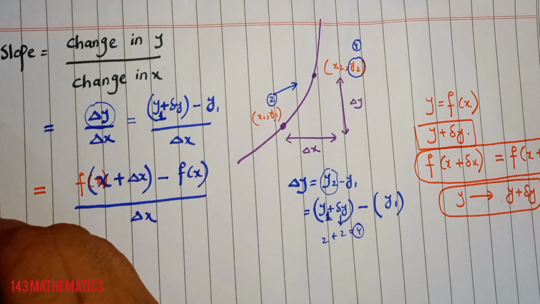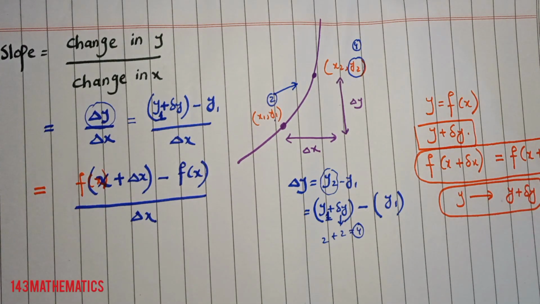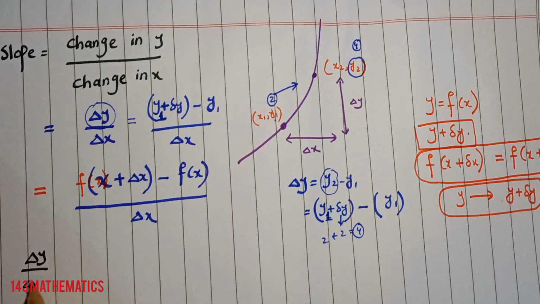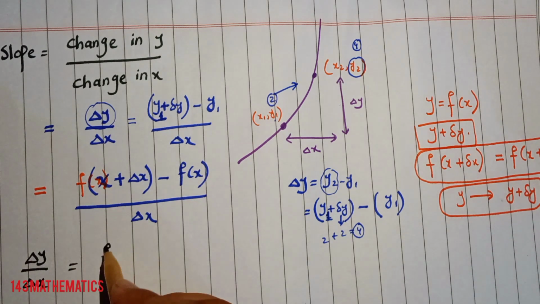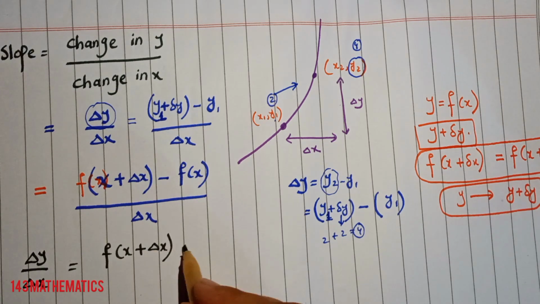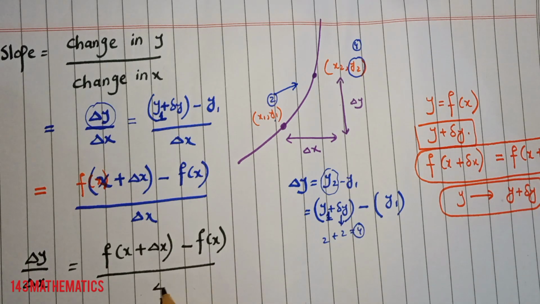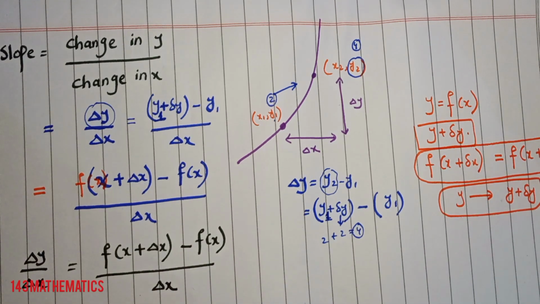So this is the slope. Further, slope is equal to del y by del x. So del y by del x is equal to f of x plus del x minus f of x divided by delta x.